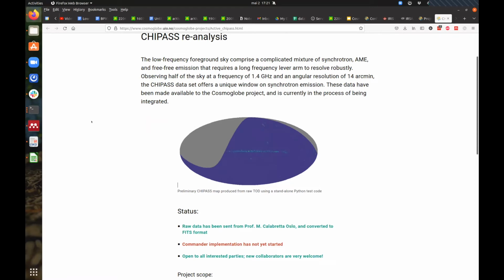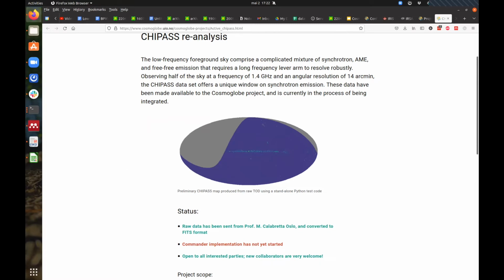Okay, so one thing that we're starting to look at a little bit, and Hovar just started this, is actually looking at the KaiPass data set. It's basically a 1.4 gigahertz continuum sky survey covering about half the sky, and it's about 1 terabyte of data on disk.